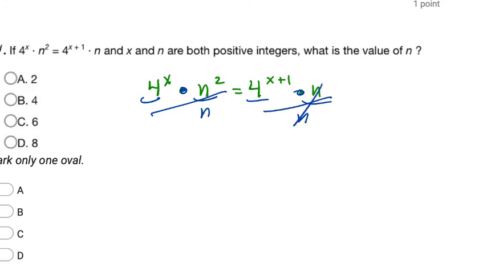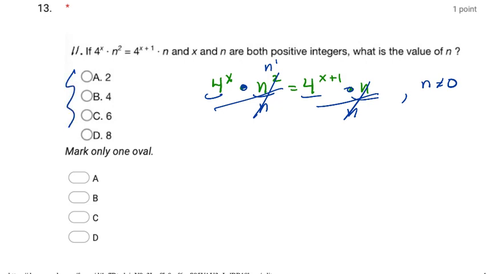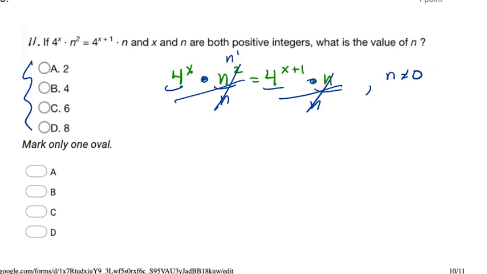On the right side, it cancels. On this side, it just leaves me with n to the first power. Now, I can do that as long as n does not equal 0, and I'm guaranteed it doesn't because that's not a choice for n. And so now my equation is n to the x times n equals 4 to the x plus 1.